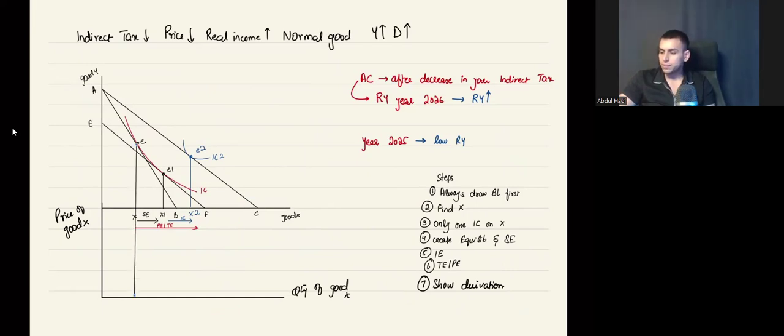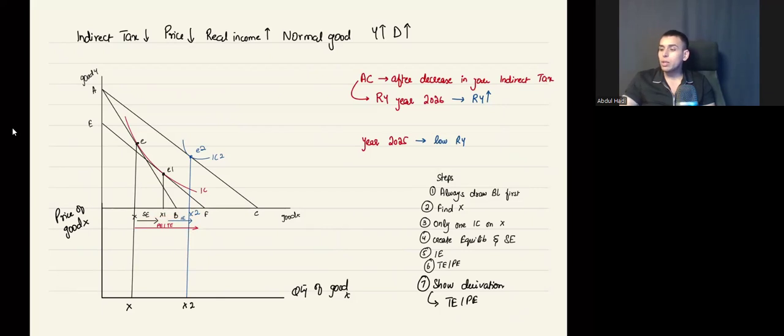This is my X. The derivation will always be of the total effect. Show derivation of total effect or price effect. From X to X2, I have my price effect or total effect. So I will draw these lines of X and X2 until here. This is my X, this is my X2.